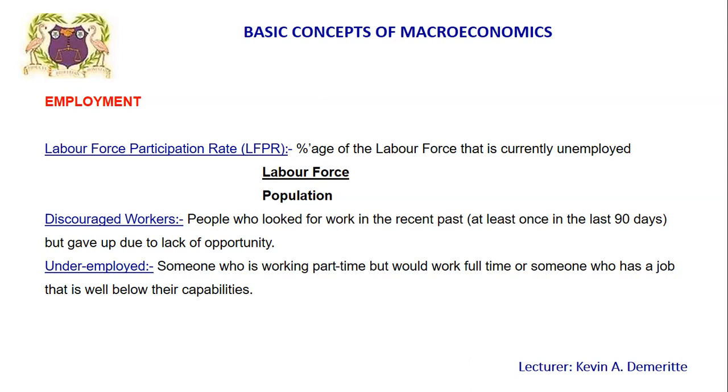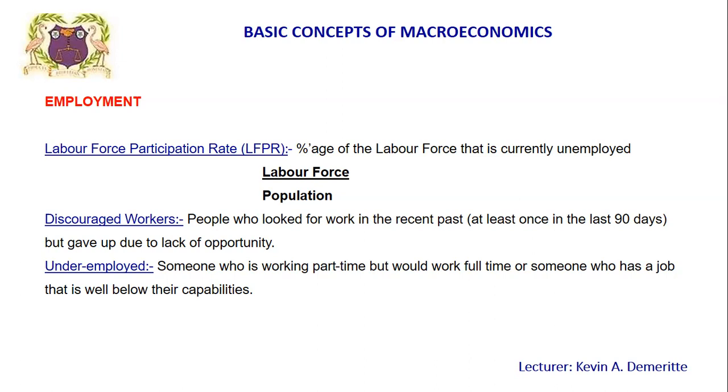Then we want to define what we mean by a discouraged worker. Back to our example, where the Department of Statistics worker came to the house, 2 adults and 3 grown children. The 2 parents are working, the grown children are not. And the worker is discussing the kids.